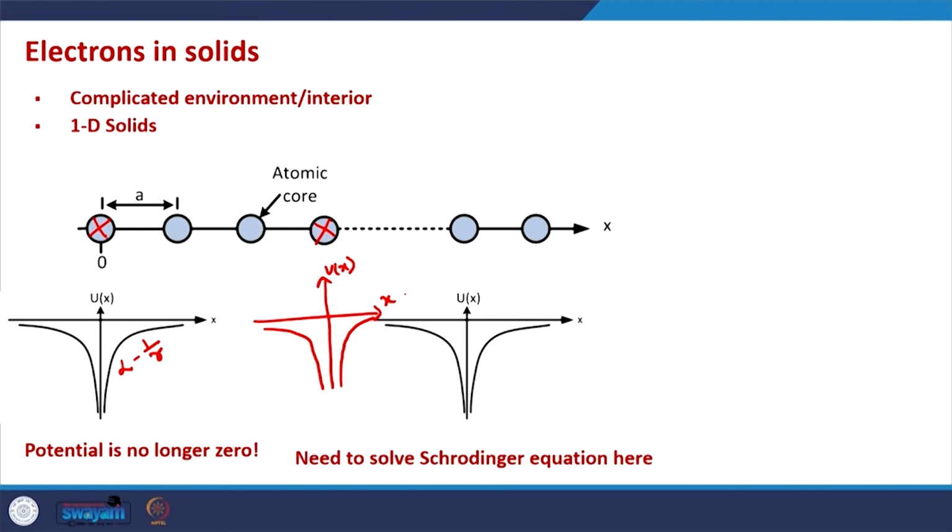So, the resultant potential energy of the system would be basically a sum total of all these potential energies. That will be the final potential that the electron will feel in this particular lattice.